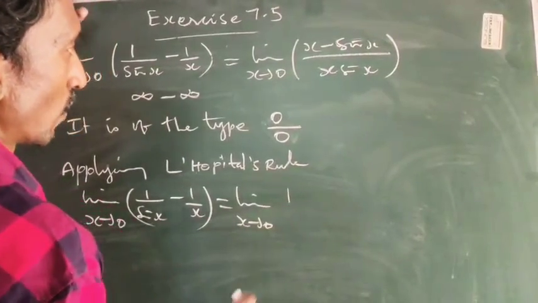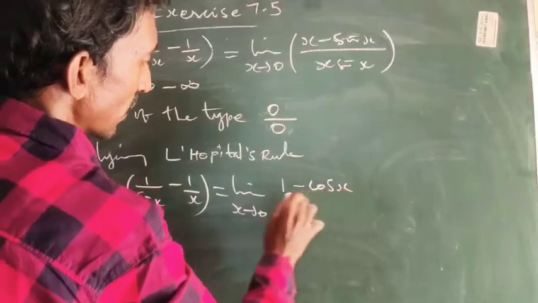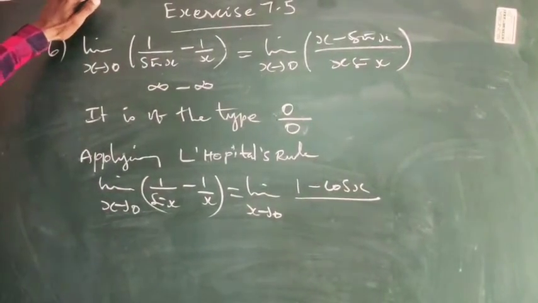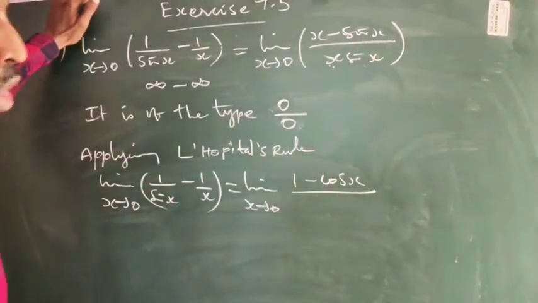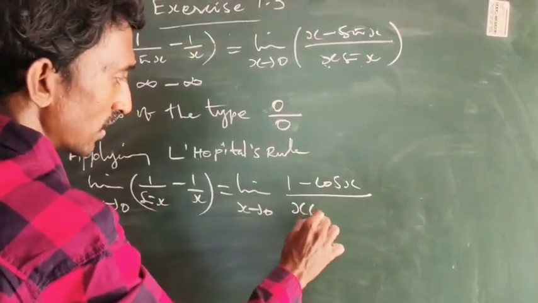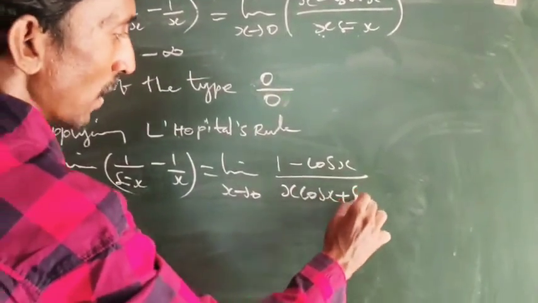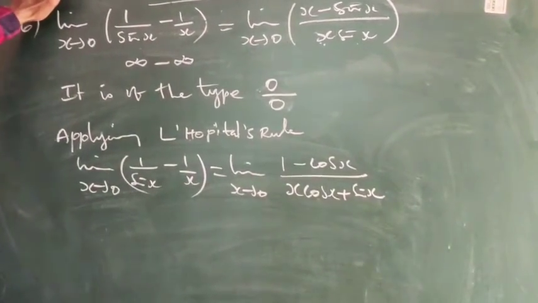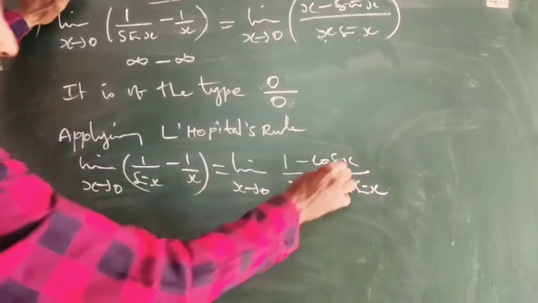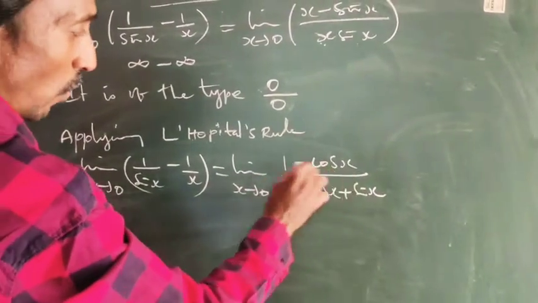So x differentiation is 1, sin x differentiation is cos x. Numerator, no problem. Denominator, apply the product rule, uv the whole dash. So x into differentiation of sin x, cos x, plus sin x into differentiation of x, which is 1. Again put x equal to 0, cos 0 is 1, 1 minus 1.